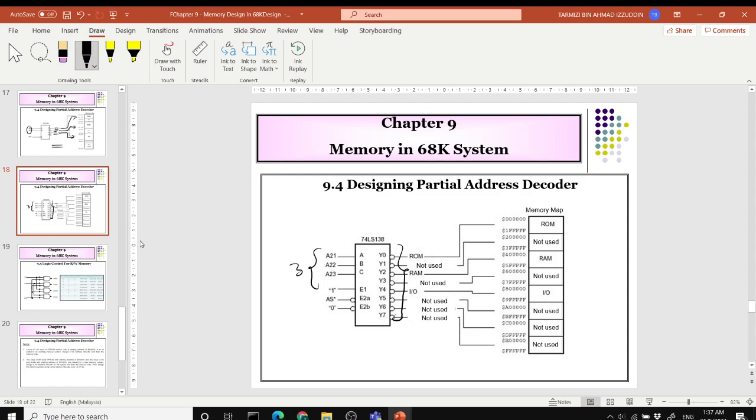So this is an example of how you're going to design a system with the 74LS138. Same question, you have ROM, RAM and I/O.